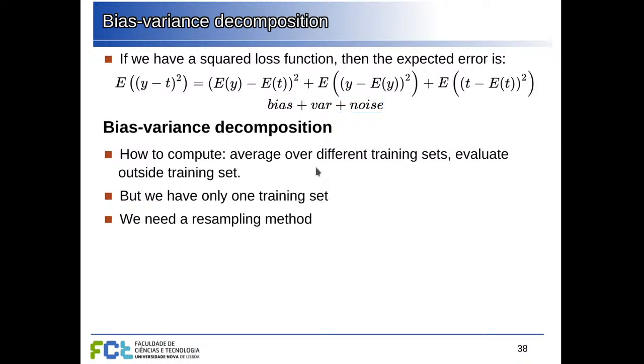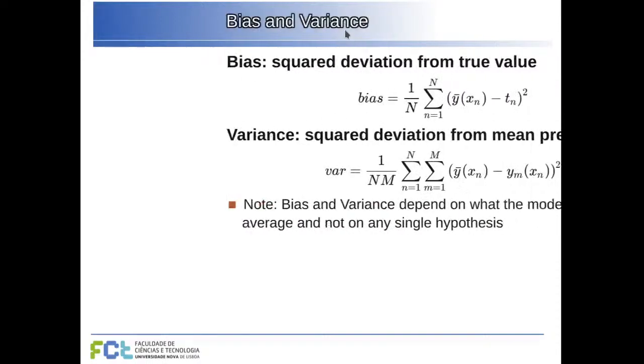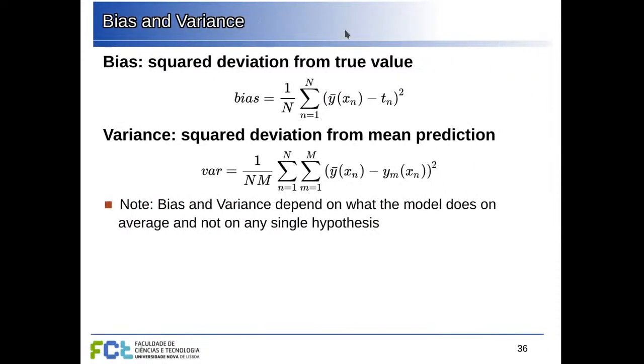Now, the problem in practice is to try to compute or estimate this bias and variance. We need several training sets, because we cannot do this kind of computation with only a single set of data points, since then we cannot compute the average of the predictions of the hypotheses the model produces over that kind of data, or compute the dispersion of those predictions if we can only get one hypothesis and one prediction for each point.